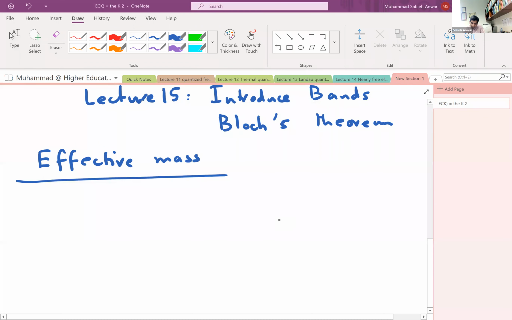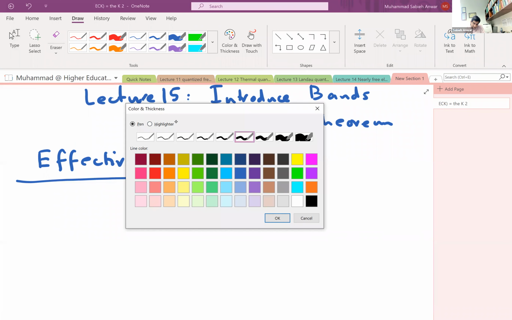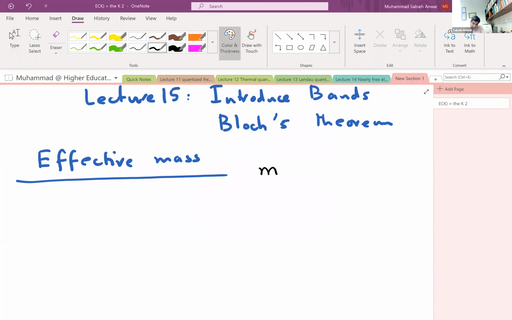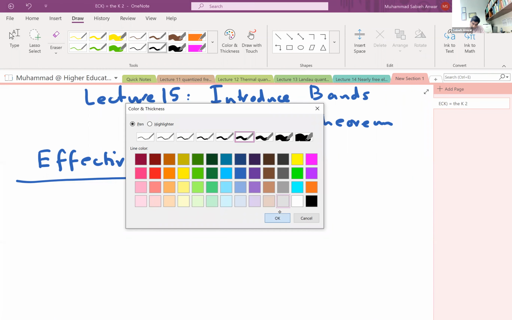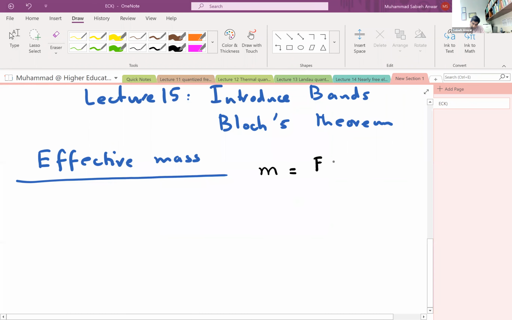We know that in most of physics, there is this concept of mass, which is simply how much an object will accelerate in response to a force. Electrons inside these periodically disposed crystalline matter also behave like waves and like particles.